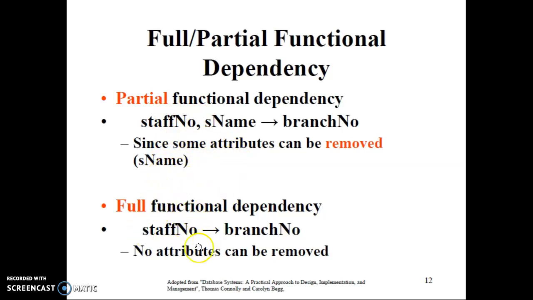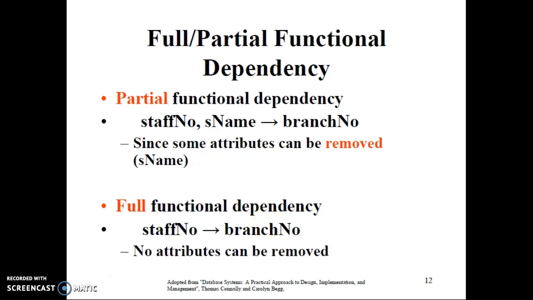Next, full functional dependency. What is full functional dependency? See the example. In this example, there is a functional dependency between attributes staff number and branch number. Staff number is the determinant, branch number is the dependent.